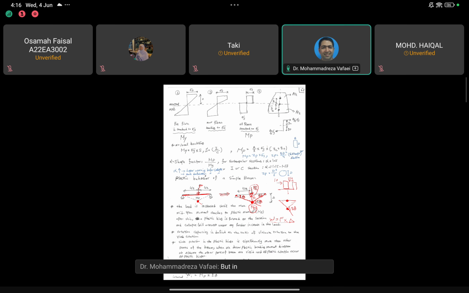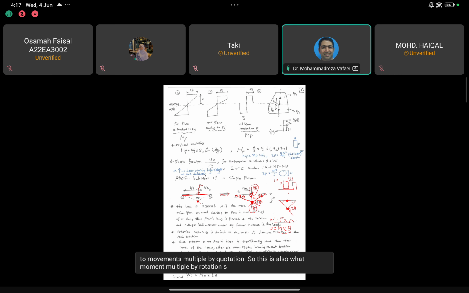But in order to calculate the work that is done by the plastic hinge, we should understand that if there is rotation inside our element that generates bending moment, the force out of that equals to moment multiplied by rotation. So this is also work, moment multiplied by rotation.